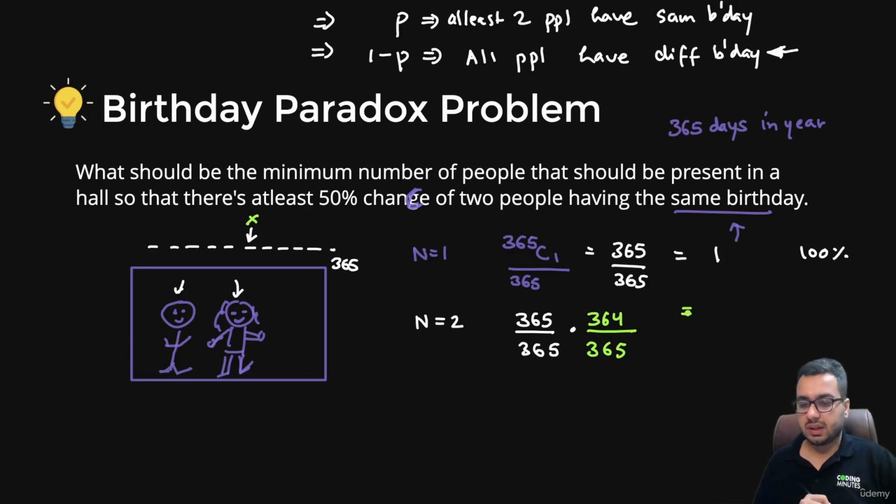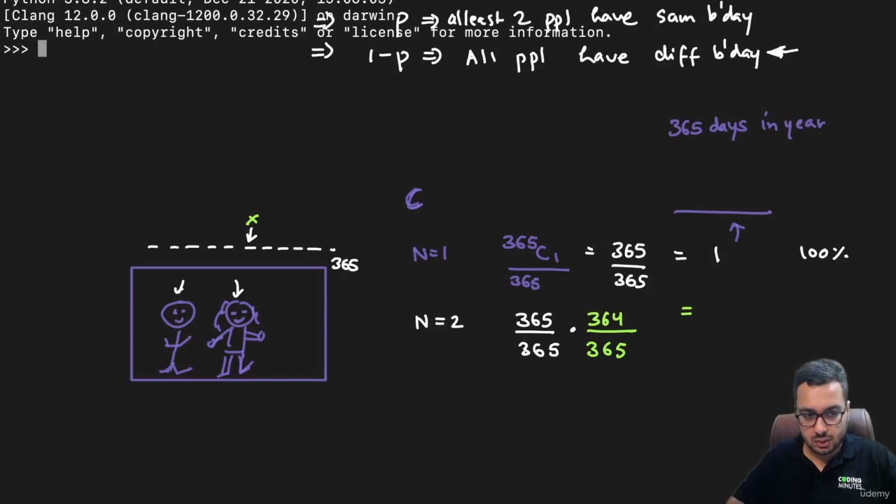If you do this multiplication, let's see what it turns out to be. P2, for the second person, is 364 divided by 365.